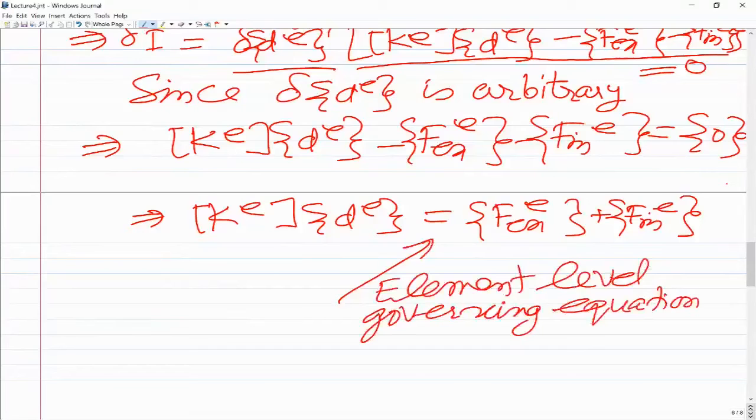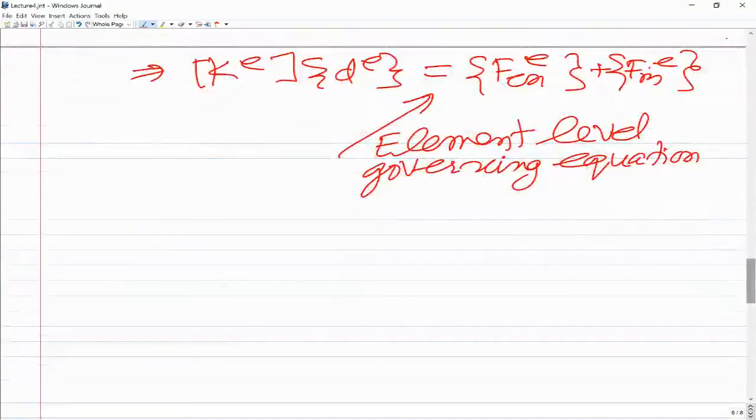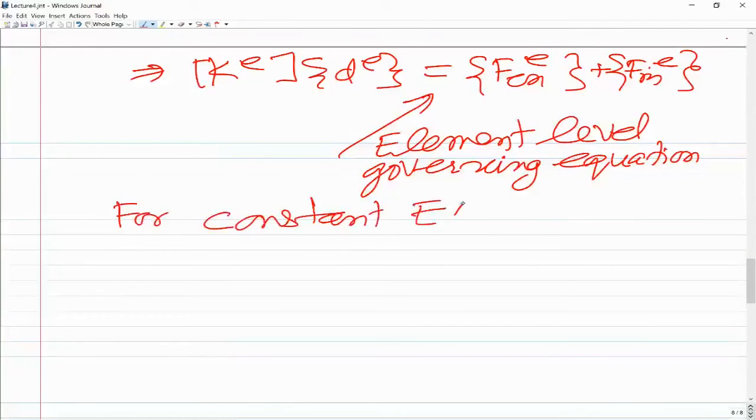Now let me get the expressions for Ke and F external, for a case where let us say that A and Q are constant within the element.